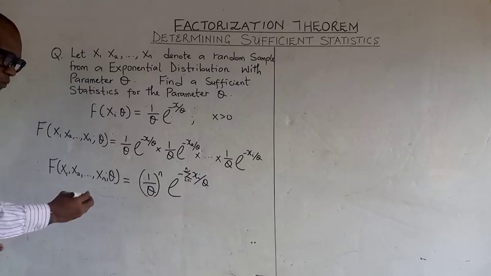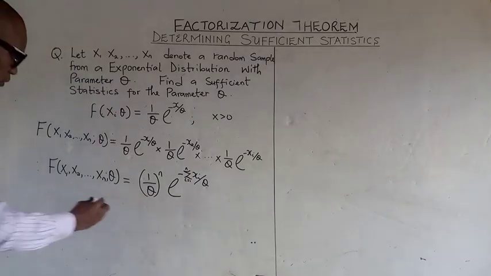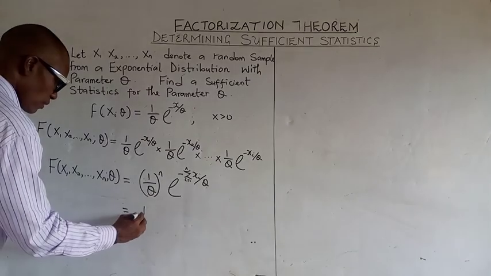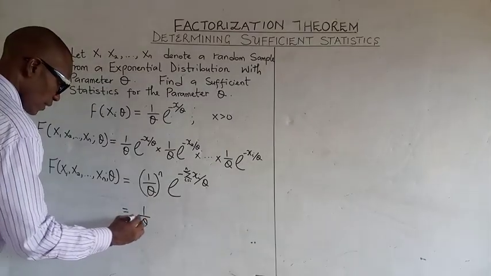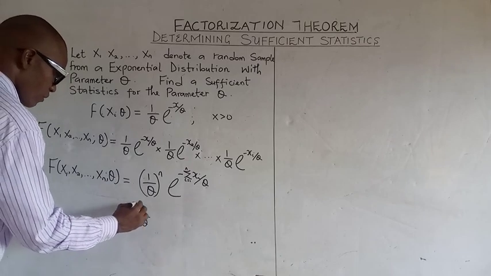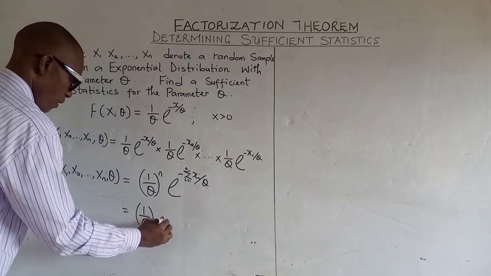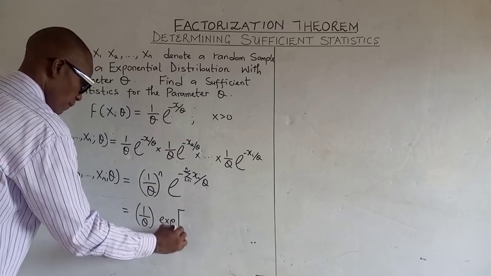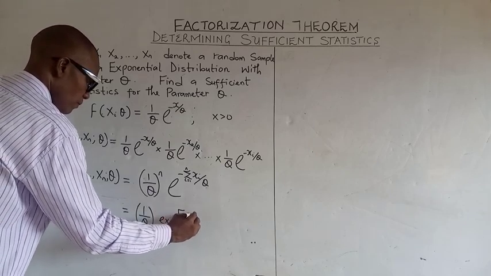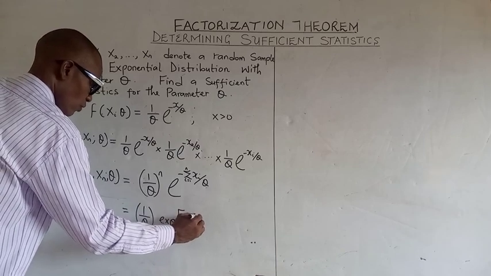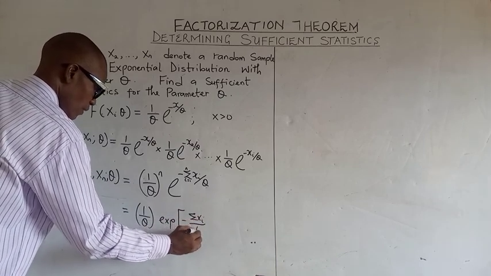Writing this well, we can put it in this way: 1 all over theta to the n, exponential of negative summation xi all over theta.